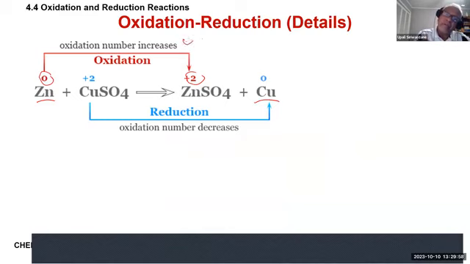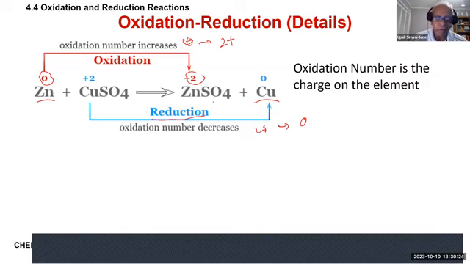Oxidation number 0 goes to +2, an increase. Increase in oxidation number is oxidation. When the oxidation number decreases, this copper changes from +2 to 0. That's a decrease. Therefore, reduction is decrease in oxidation number.